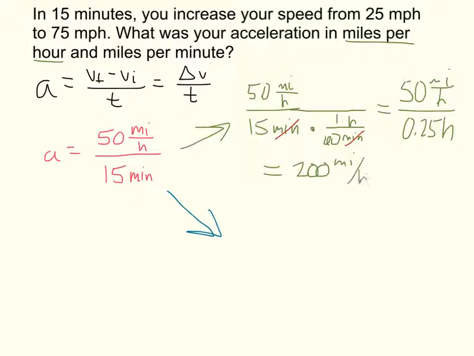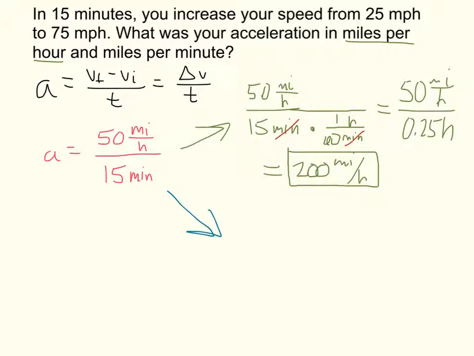miles per hour. And I know a lot of my students are thinking, this is crazy. That's a really large number. We never hit 200 in this problem. But you have to consider, you're starting at 25 miles an hour, and after only 15 minutes, you increase your speed to 75 miles an hour.